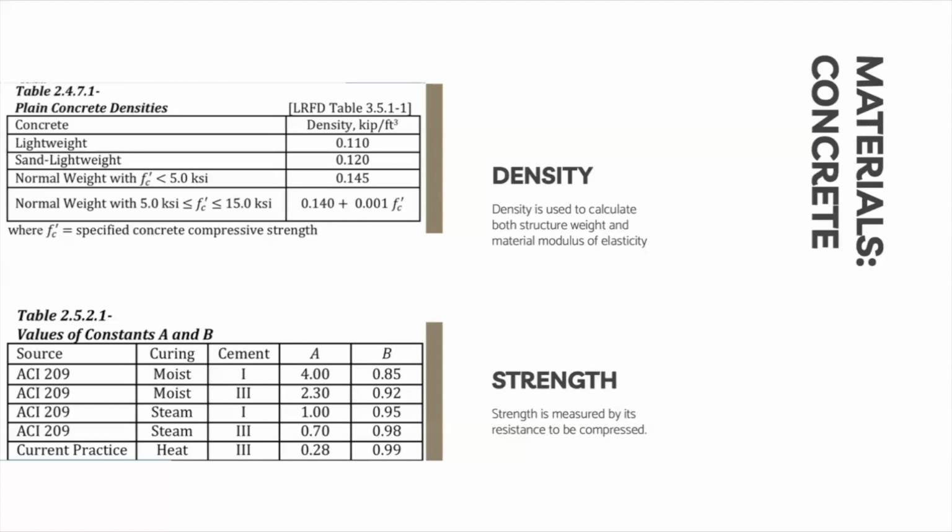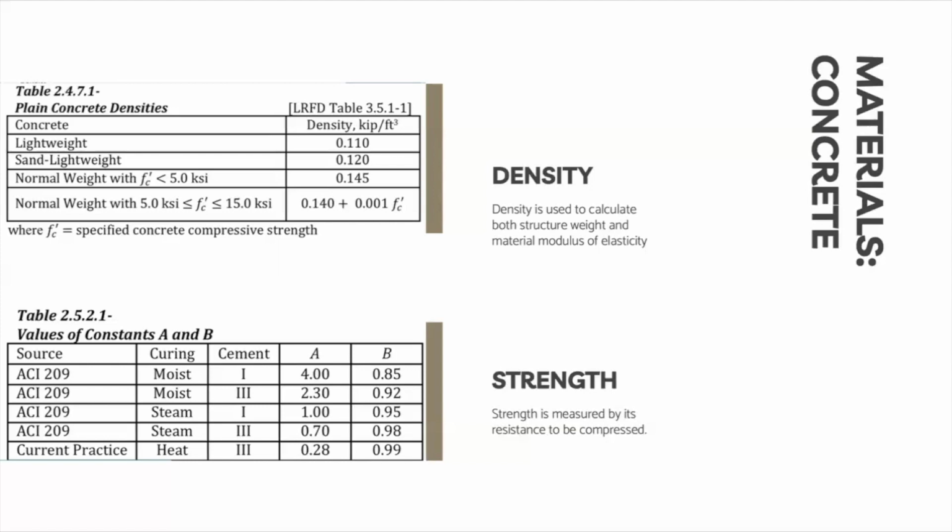Sand lightweight concrete typically stands at 0.12 kips per foot cubed, while normal weight concrete with F'c less than 5 ksi registers at 0.145 kips per foot cubed, with densities between 5 and 15 ksi calculated using the formula 0.14 plus 0.0015 times F'c.